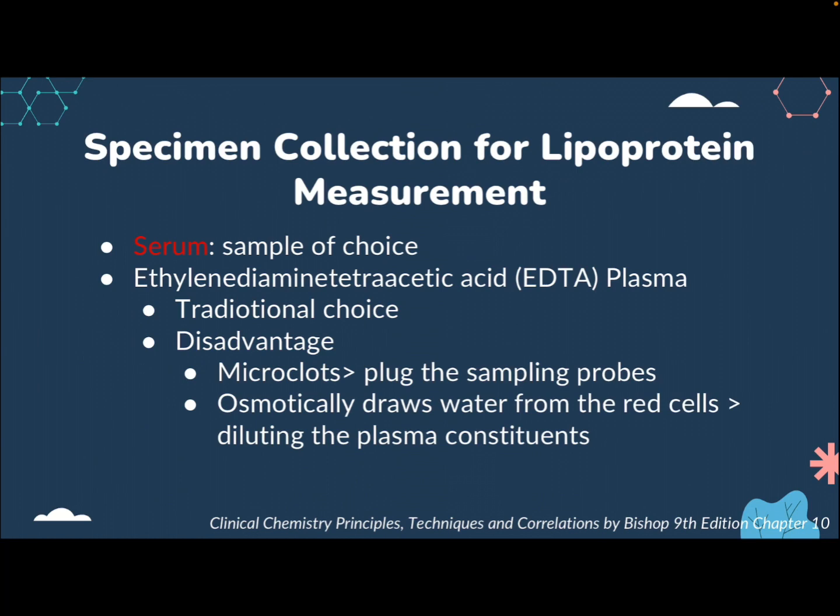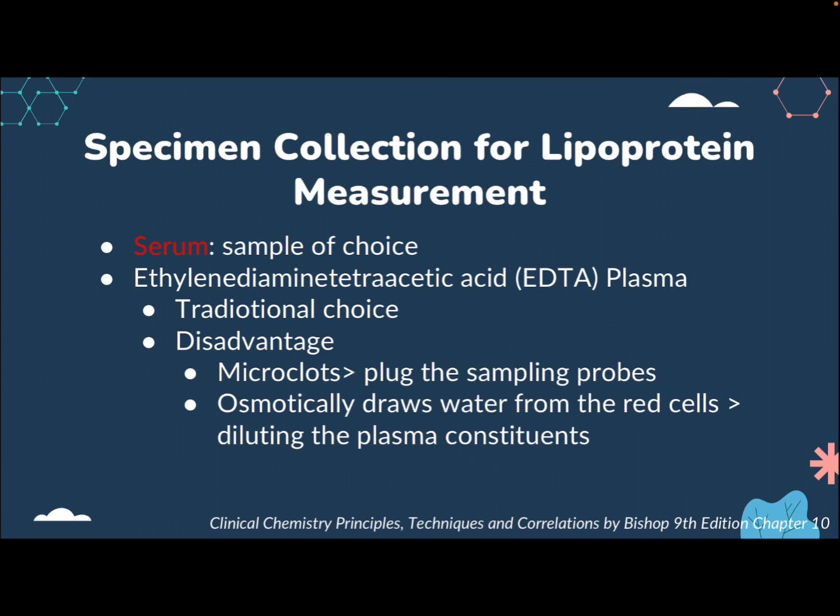Lastly, for specimen collection for lipoprotein measurement, serum is the sample of choice in the routine clinical laboratory. Ethylenediaminetetraacetic acid, or EDTA, plasma was the traditional choice in lipid research laboratories, especially for lipoprotein separations, because the anticoagulant was thought to enhance stability by chelating metal ions.